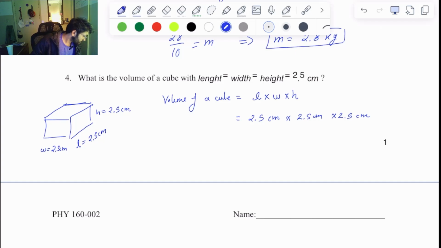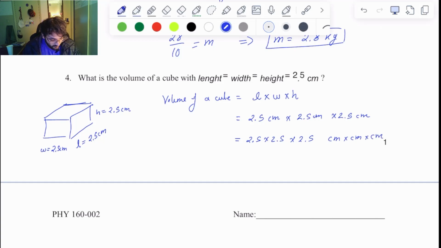I'll need a calculator for this, which I don't have laying around, so I'm going to use my phone. So what we have here is 2.5 times 2.5 times 2.5 centimeter times centimeter times centimeters.